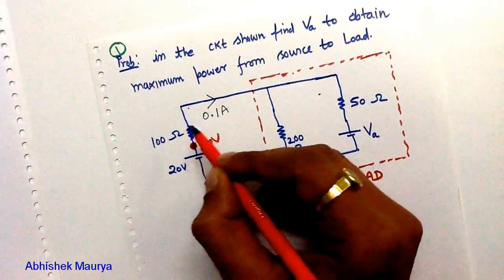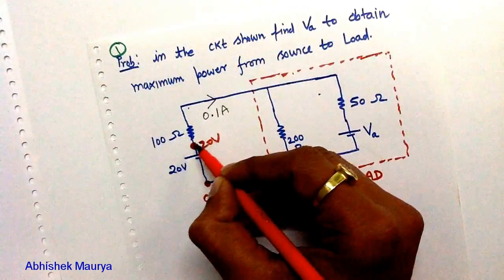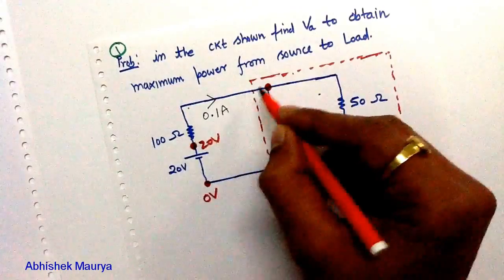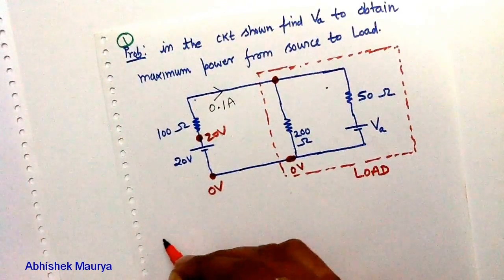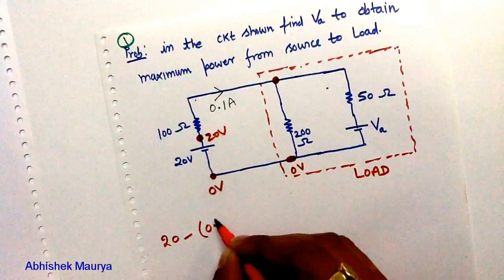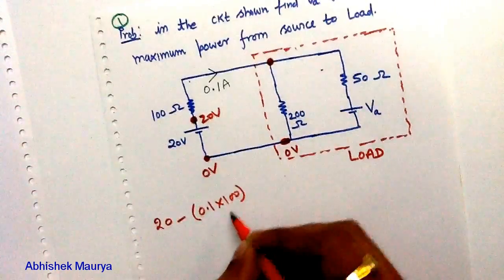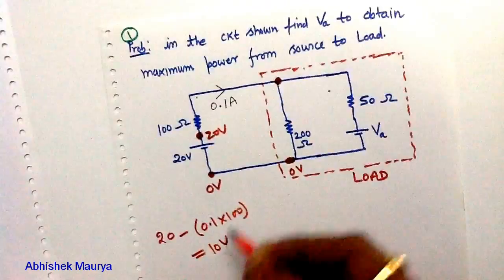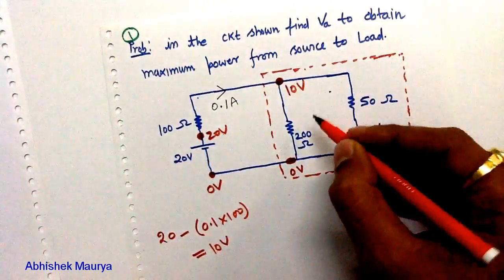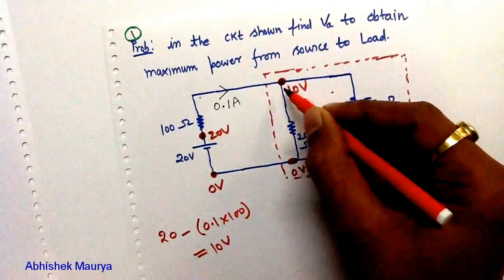Now the potential of this point will be 20 minus 0.1 into 100, that is equal to 10 volt. The potential of this point will be 10 volt. Can you tell me the current in this branch?